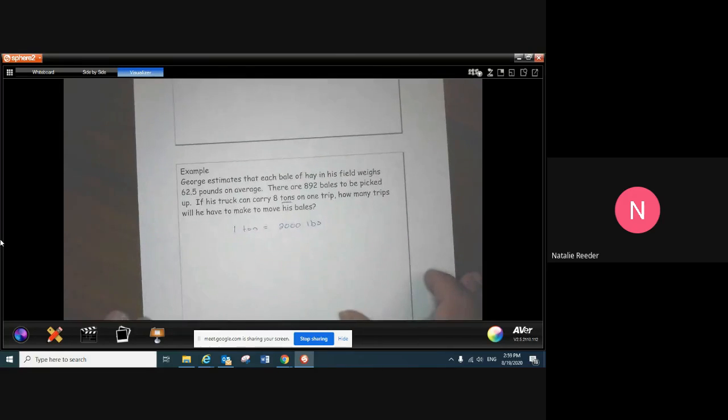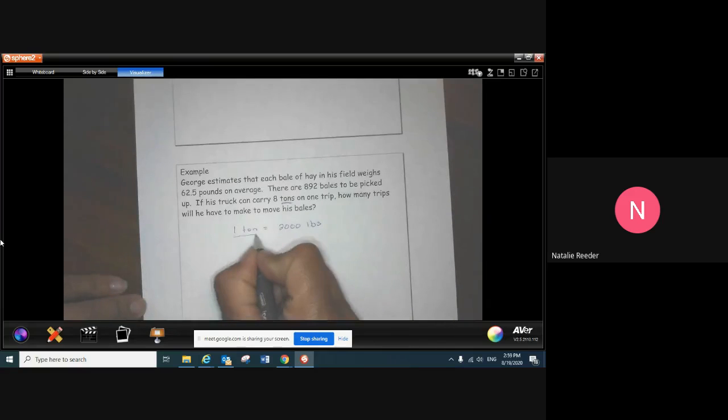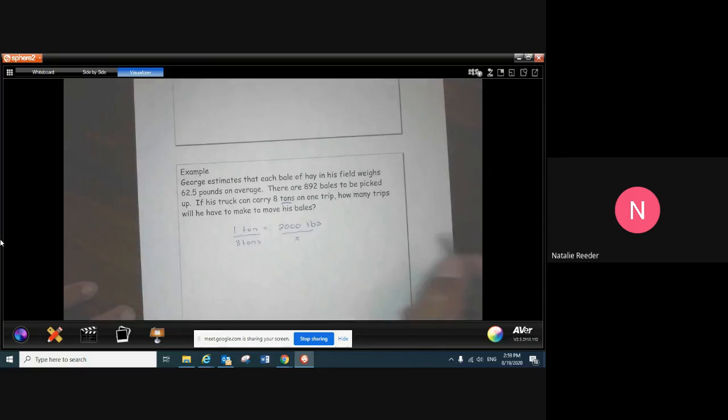All right, so what I want to know is, it says that in one trip, the truck can hold 8 tons. So 8 tons would be equivalent to how many pounds? That's basically what I want to find out. If I cross multiply, X times 1 is X, and 8 times 2,000 would give me 16,000 pounds.